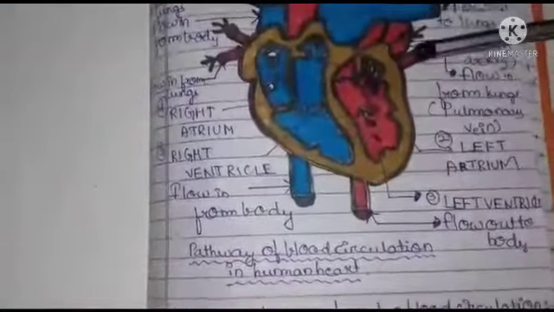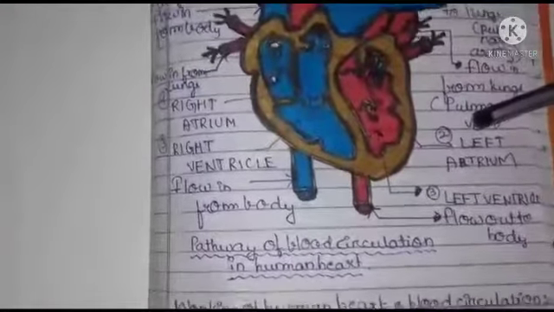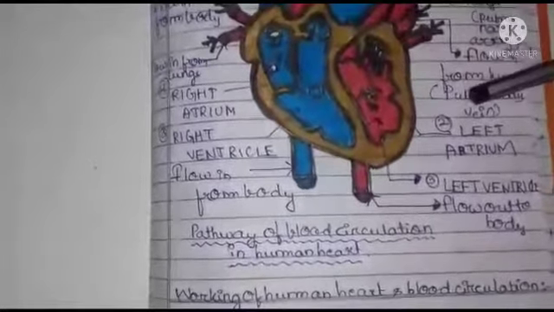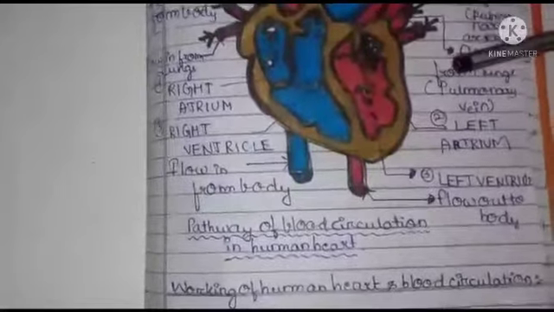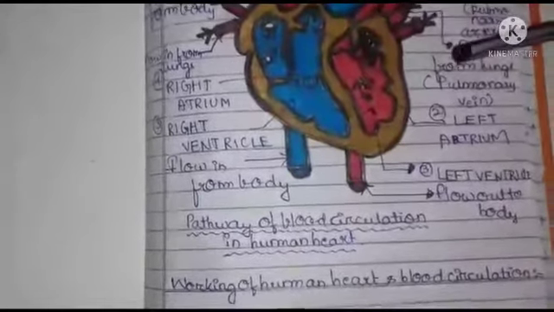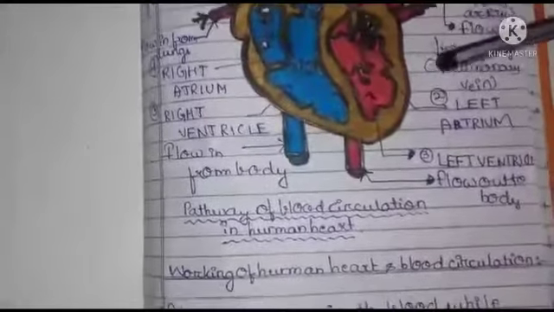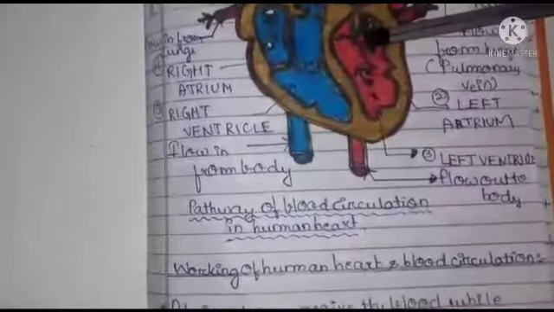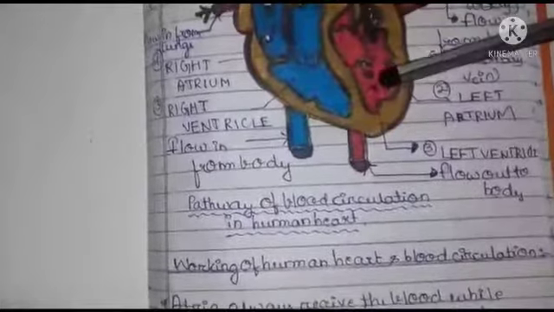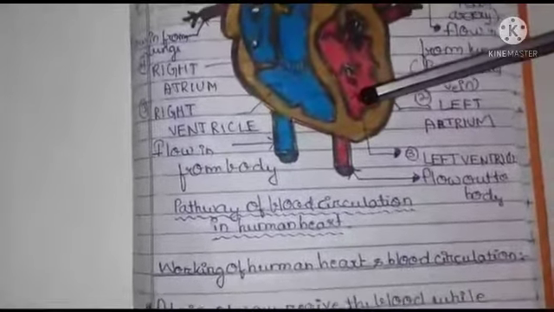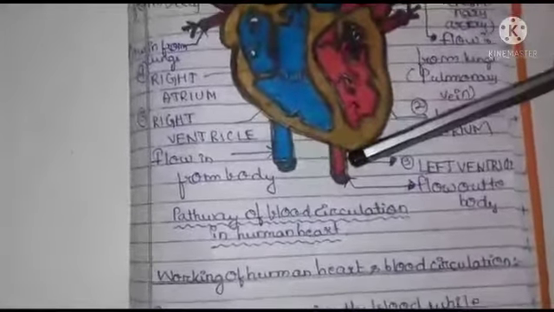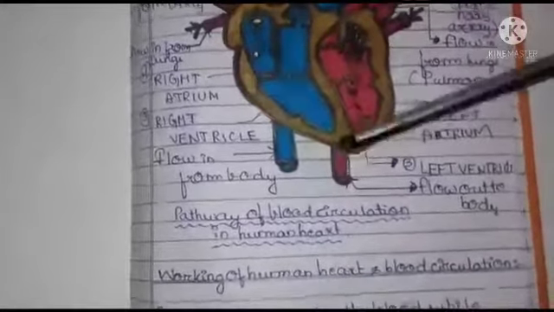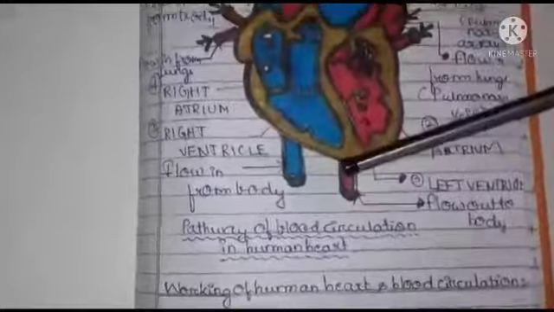These are your left pulmonary veins. And remember, like pulmonary arteries, the pulmonary veins are the only veins which carry the oxygenated blood. This is your left atrium. This is your left ventricle. And through this structure, the blood flows out to body. This blood is your oxygenated blood.